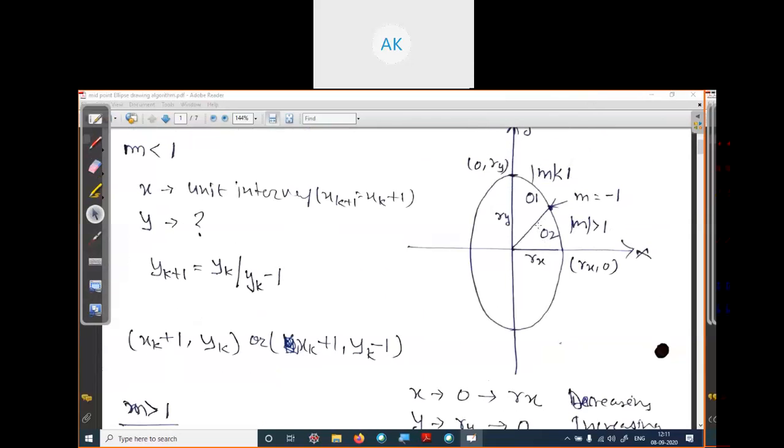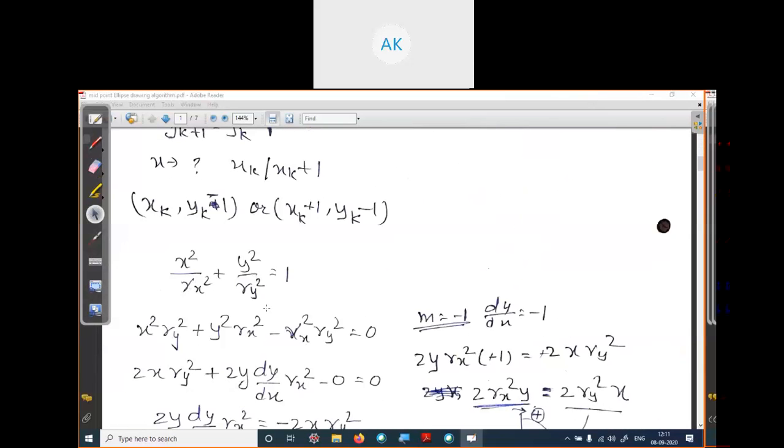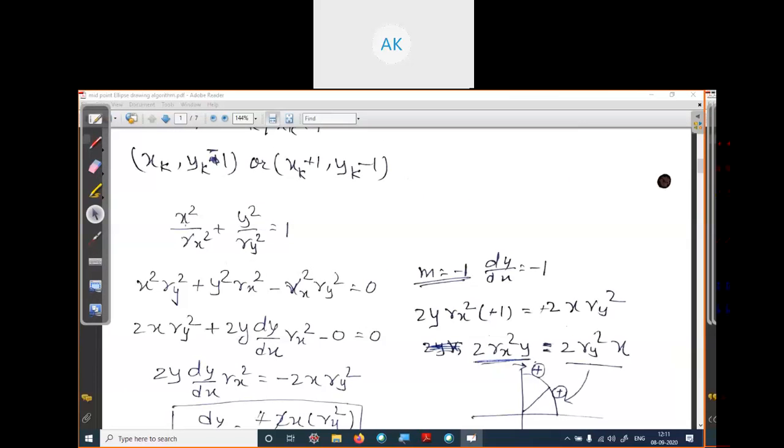So how can we divide the region? Let's see. The equation of the ellipse is, as you know, x square by rx square plus y square by ry square equals 1, where rx and ry are the radii along the x-axis and y-axis.